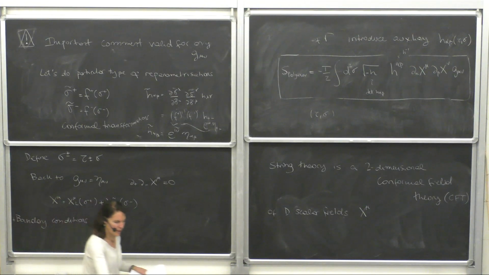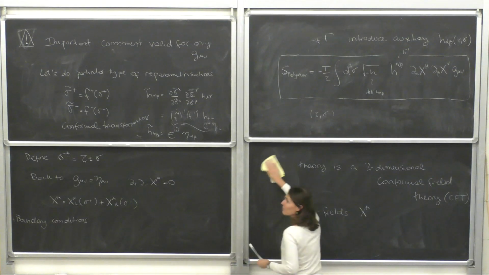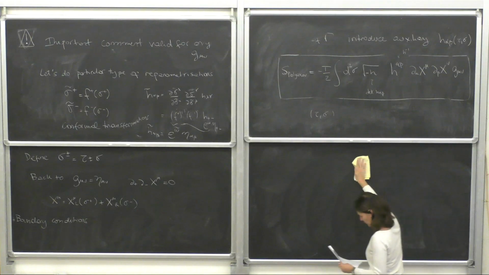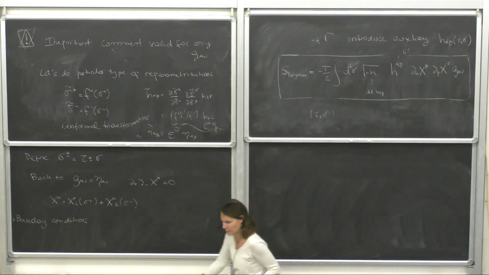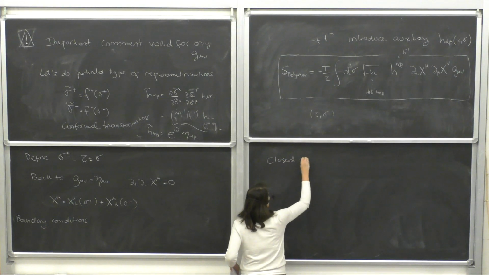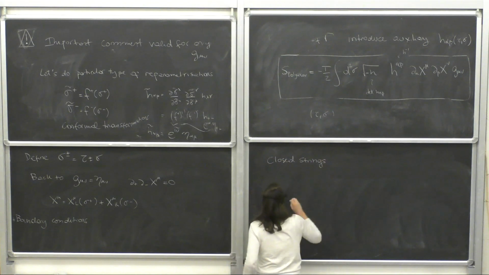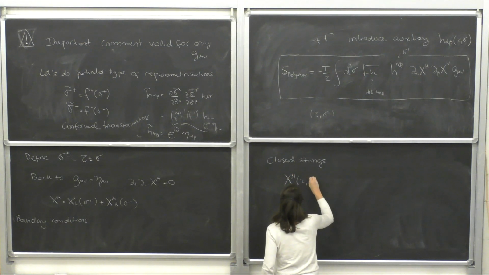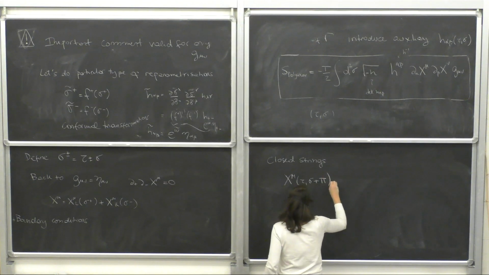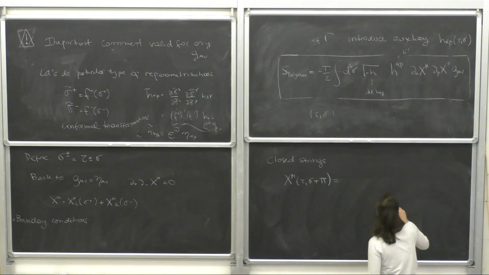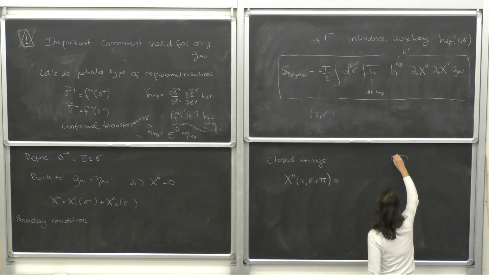So if we do closed strings, the boundary conditions are that x mu at tau, sigma plus pi equals x mu at tau, sigma. Here I'm using the conventions of Becker-Schwarz, which are not very nice, but I try to be consistent.